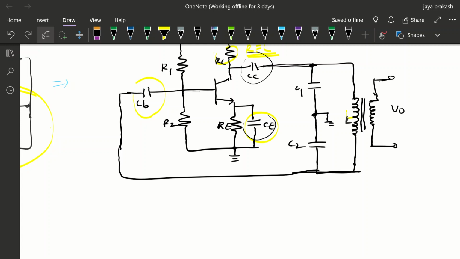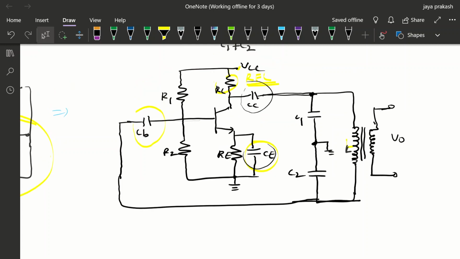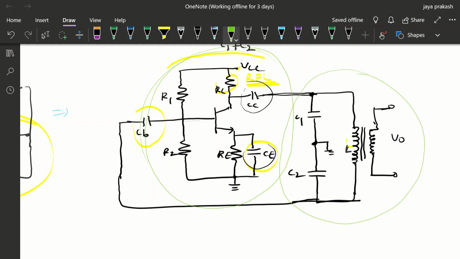Before that, we know the working of the LC oscillator. This is the amplifier part, and this is the feedback part. The amplifier part has a phase shift of 180 degrees, and the feedback network itself provides another 180 degrees phase shift. The total phase shift is 360 degrees.